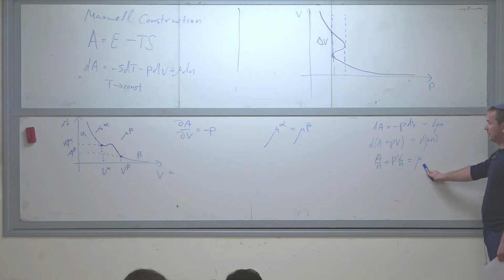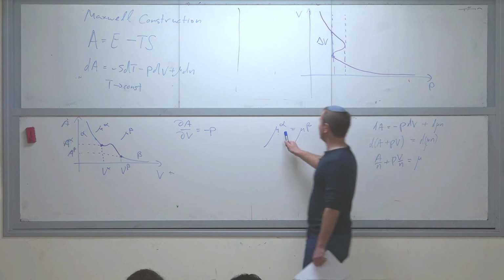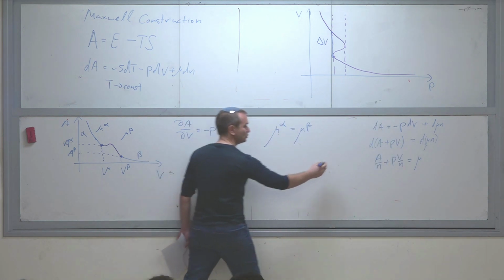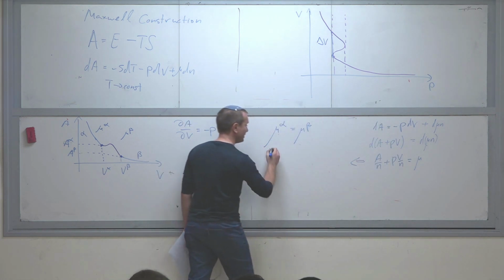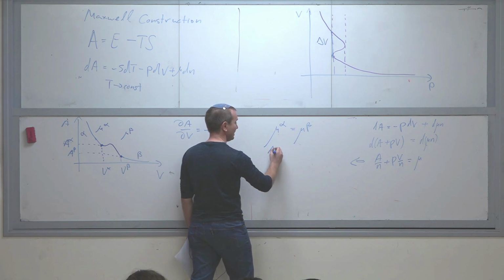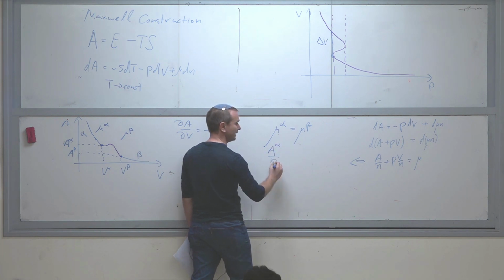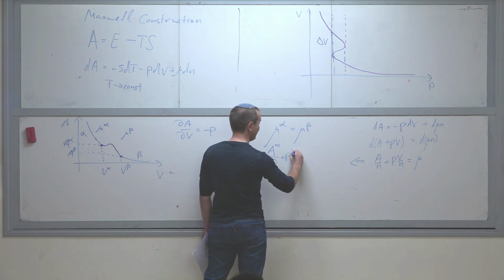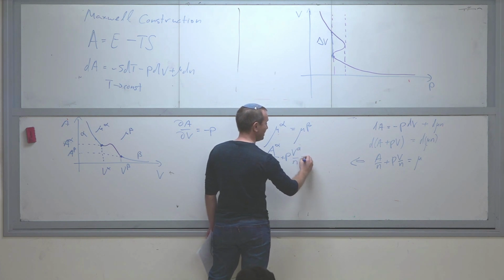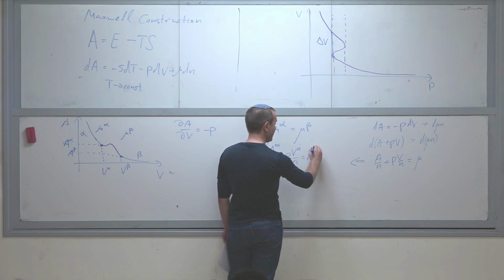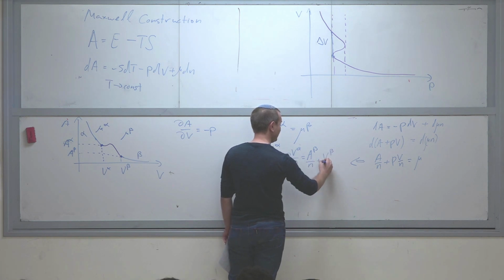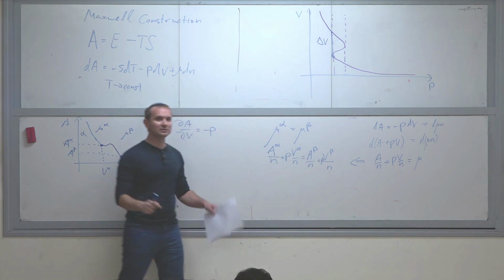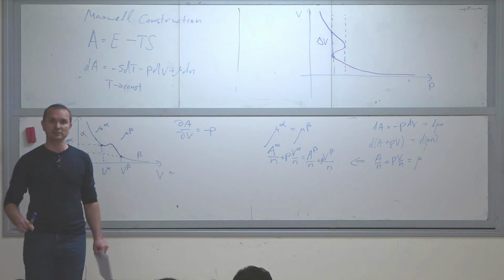So from here, and the knowledge that mu alpha equals mu beta, we obtain that A alpha divided by n plus P V alpha divided by n equals A beta divided by n plus V beta divided by n multiplied by the same pressure P, because the pressure is also the same for the two phases.